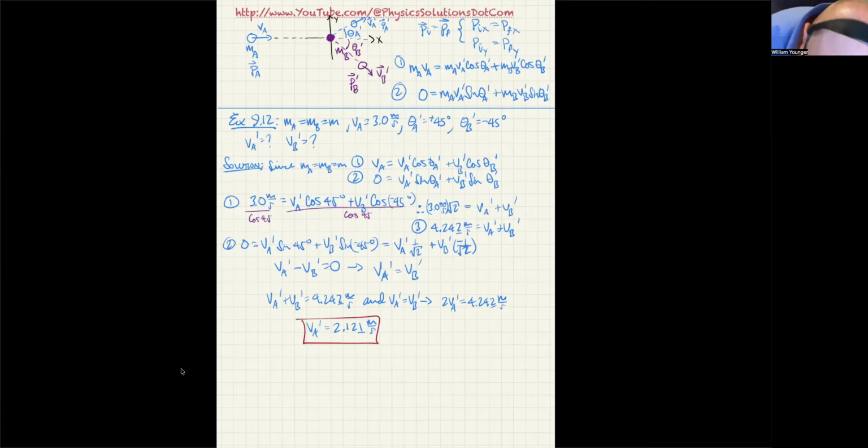And of course, VA prime is equal to VB prime. So that also means VB prime is equal to 2.121 meters per second as well.